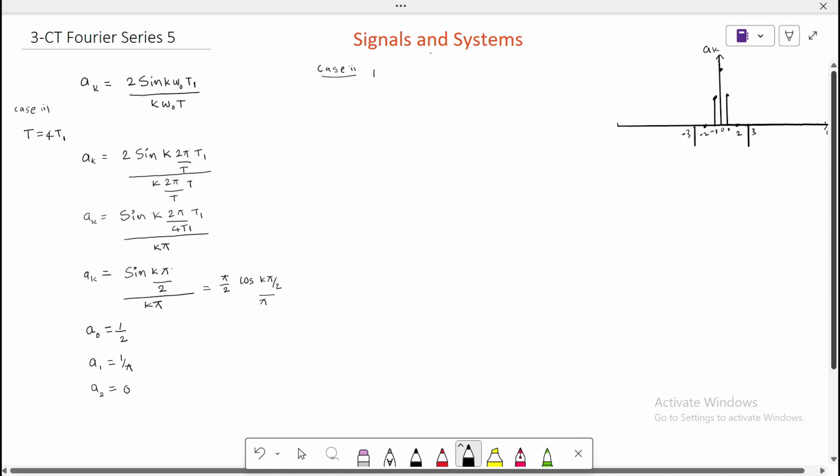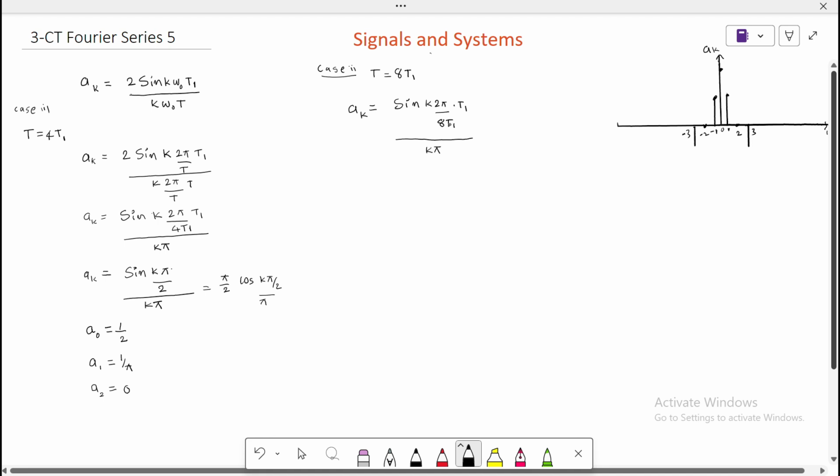Now in case 2, I'm taking T equal to 8 T1. Here I'm going to write a_k directly: sine of k 2 pi by T, with T equal to 8 T1, into T1, by k pi.